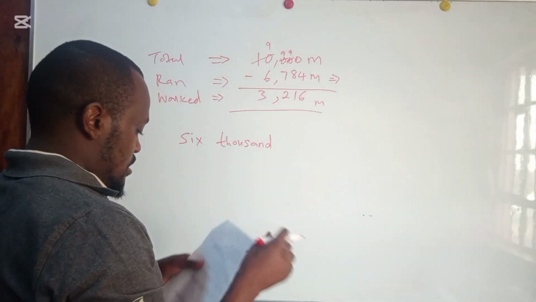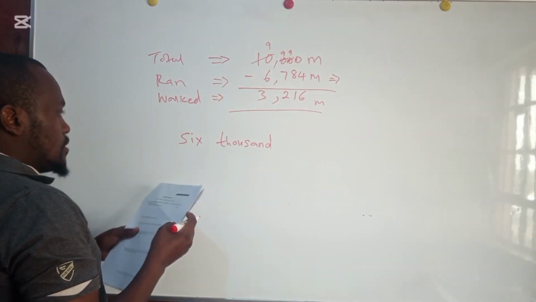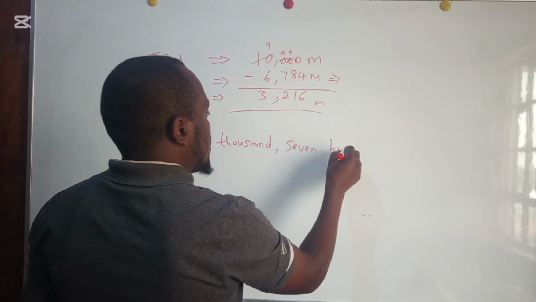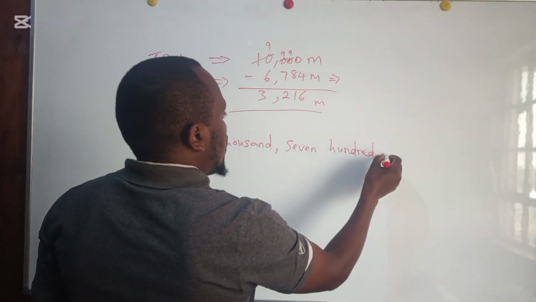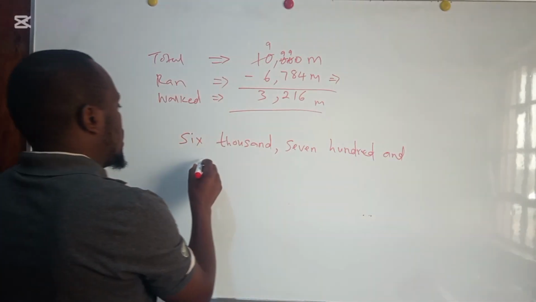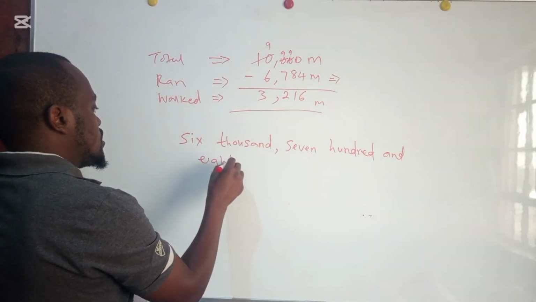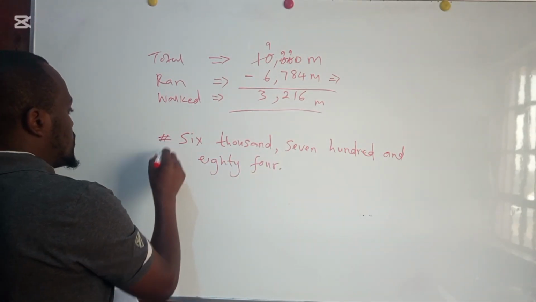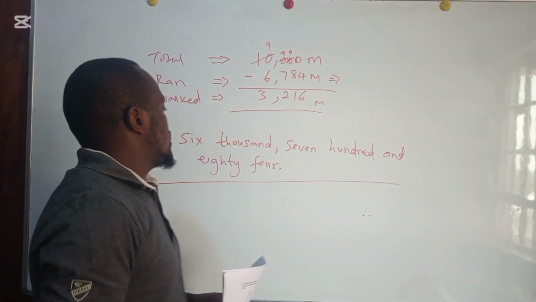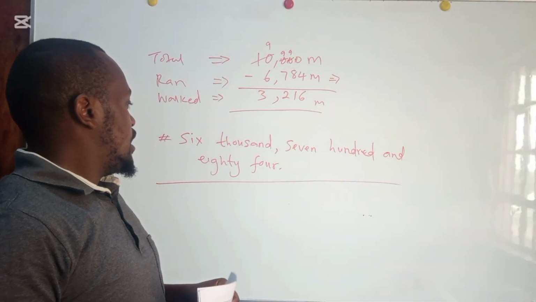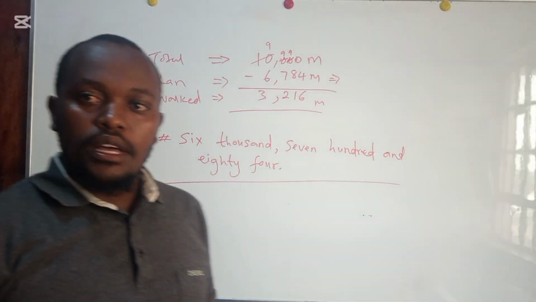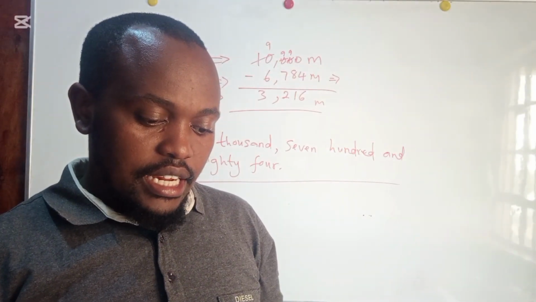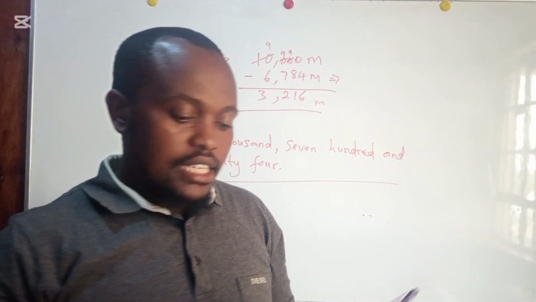And it is not thousands, it is 1,000. 700 and 84, like that. 6,784.